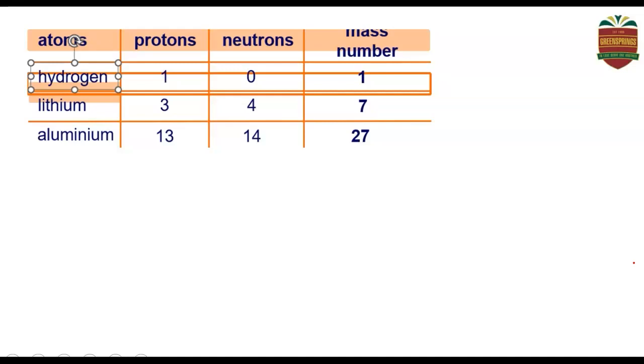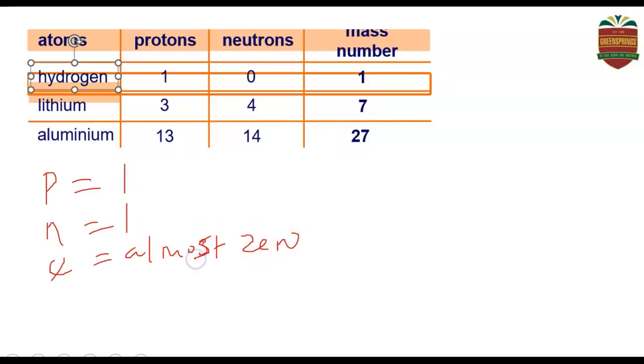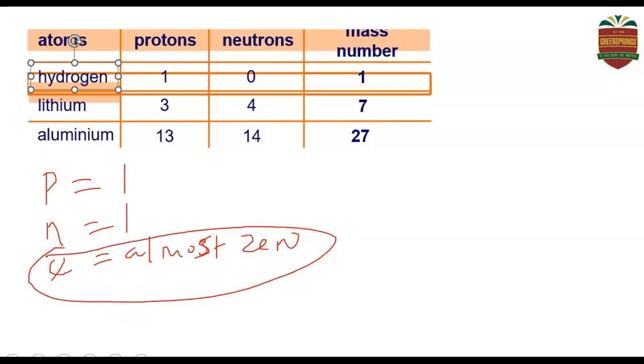Now, let's take a look at how this is gotten again. Remember we said the mass of proton is 1. The mass of neutron is 1. The mass of electron is almost 0. So it therefore means that the electron does not contribute to the mass of an atom.